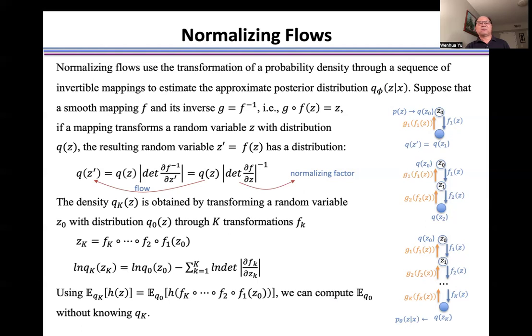The resulting random variable Z prime has a distribution Q(Z prime).